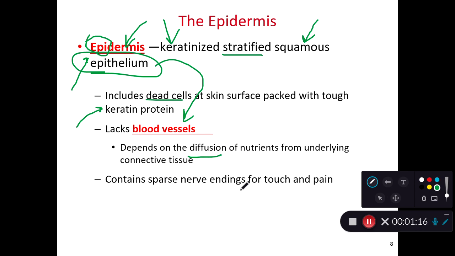The epidermis itself has very, very few nerve endings for touch and pain. And the reason for that is because the epidermis is, for lack of a better term, the sacrificial lamb, or the sacrificial layer of tissue designed to be destroyed to protect, well, it's protecting the underlying layers of tissue in our body.